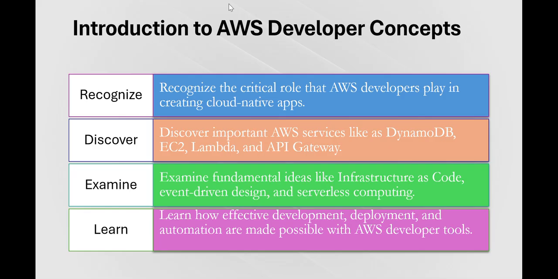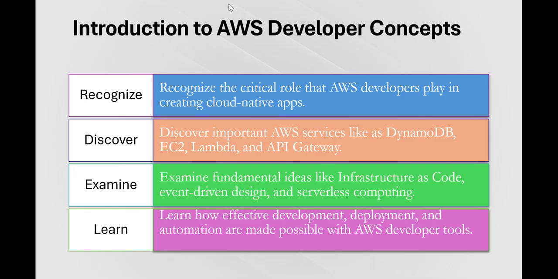It has four parts. First one is recognize, discover, examine, and learn. In recognize, we recognize the critical role that AWS developers play in creating cloud native apps. In discover, important AWS services like DynamoDB, EC2, Lambda, and API Gateway.